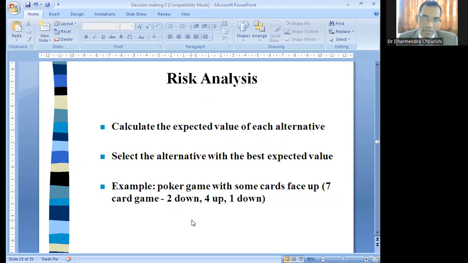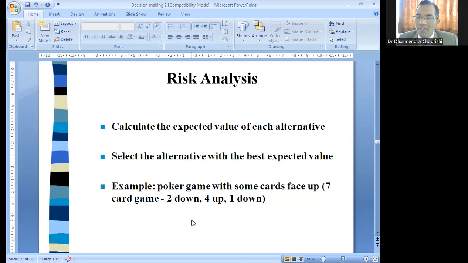As we are talking about a mathematical model or quantitative model, it is always good to use some formula or algorithm, some prediction methods, some software, some applications as well, to calculate the expected value of each alternative.